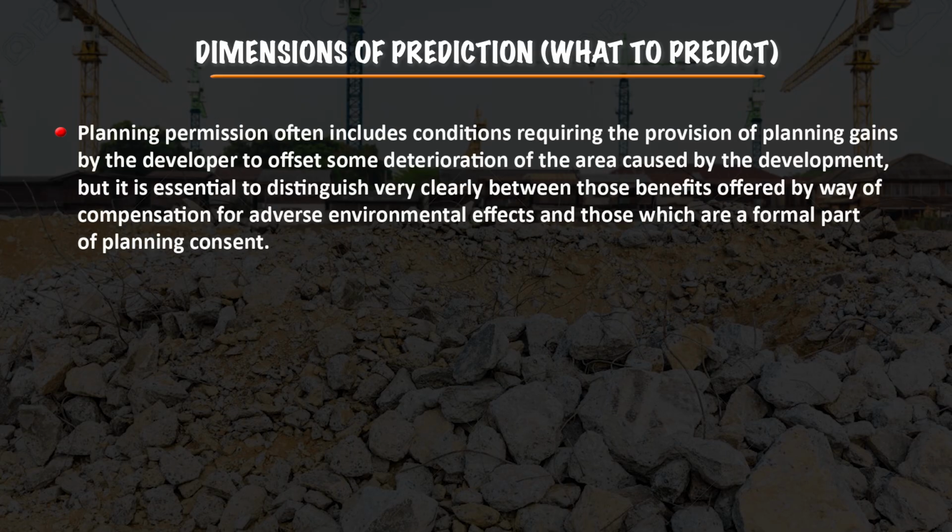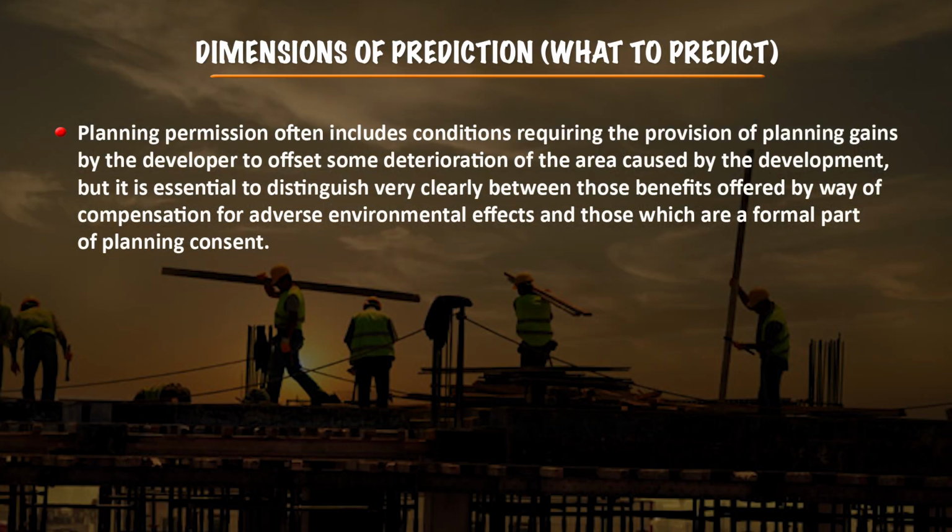Planning permission frequently includes conditions requiring the provision of planning gains by the developer to offset some deterioration of the area that is caused by the development. But it is essential to differentiate very clearly between those benefits which are offered by way of compensation for adverse environmental effects and those which are a formal part of planning consent.